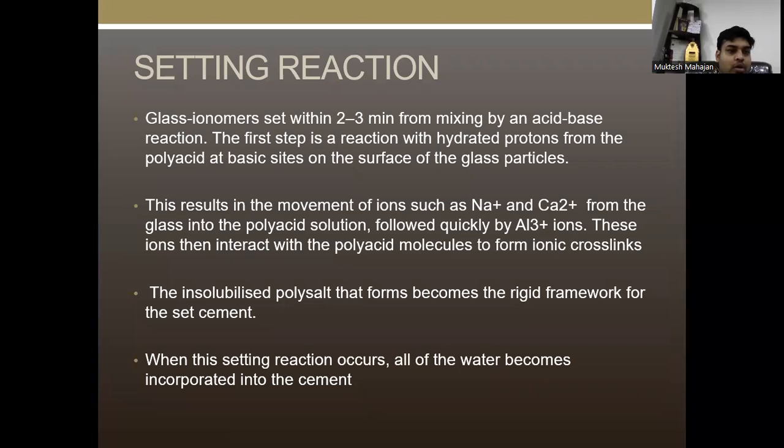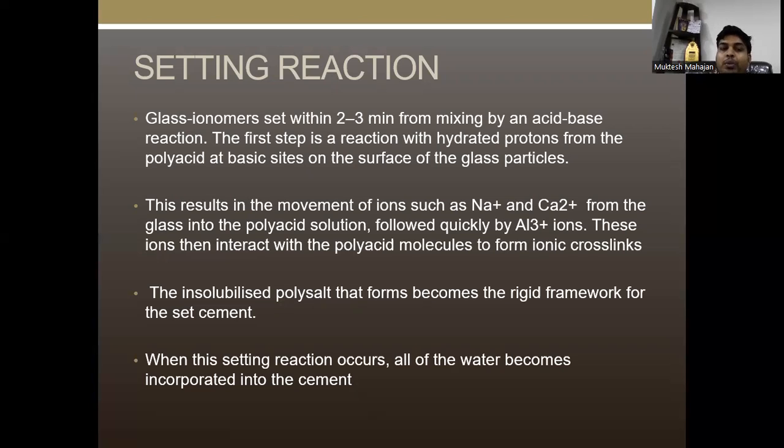Setting reaction occurs in this way. The glass ionomer sets within 2 to 3 minutes from mixing by an acid-base reaction. The first step is the reaction of the hydrated proton from the polyacid at the basic site on the surface of the glass particle. This results in the movement of ions such as calcium and sodium from the glass into the polyacid solution, followed quickly by the aluminum ions.